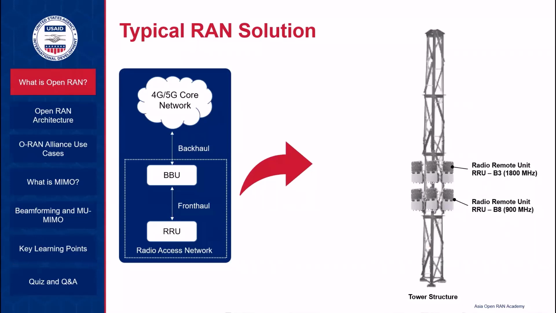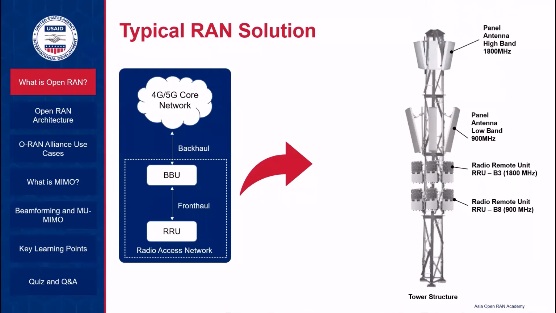And then itong mga remote radio units na to, nakakonekta ito sa ating mga antennas, which are directional antennas or panel antennas, which could be frequency specific din. So meron tayong mga low band antennas like the 900 MHz and the 1800 MHz. And connected yan sa ating RRU via jumper cables.